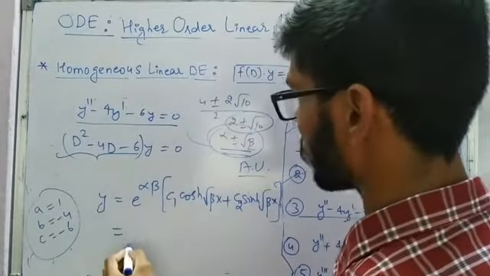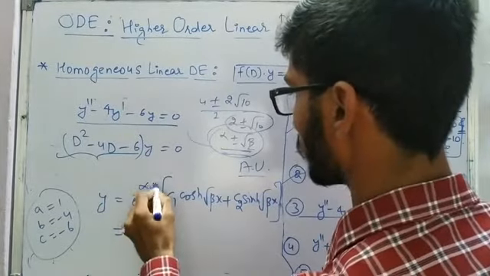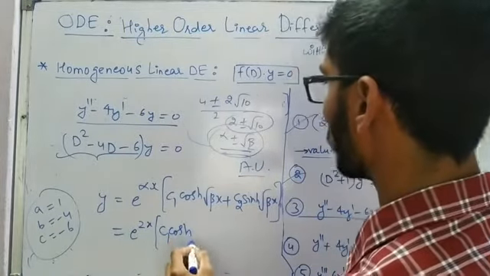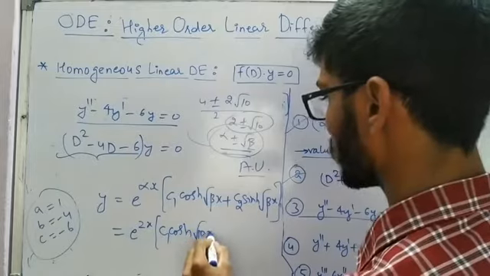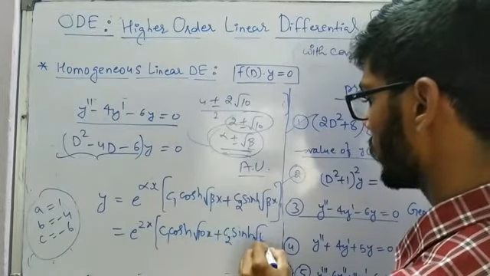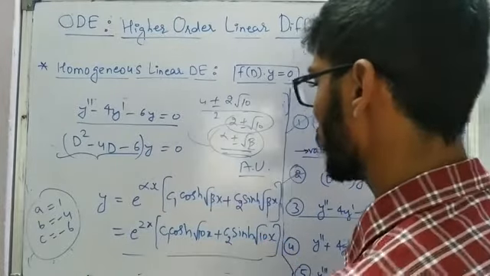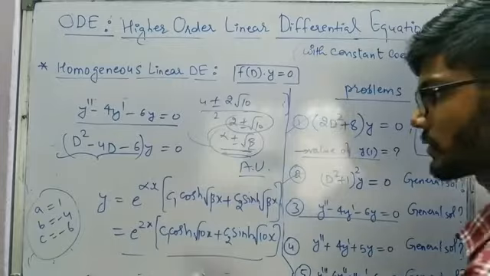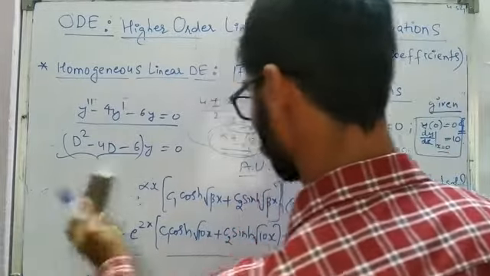Alpha is 2, so e power 2x, c1 cos hyperbolic root 10 x plus c2 sin hyperbolic root 10 x. So that is going to be our general solution directly. Okay, let's move to the third problem.